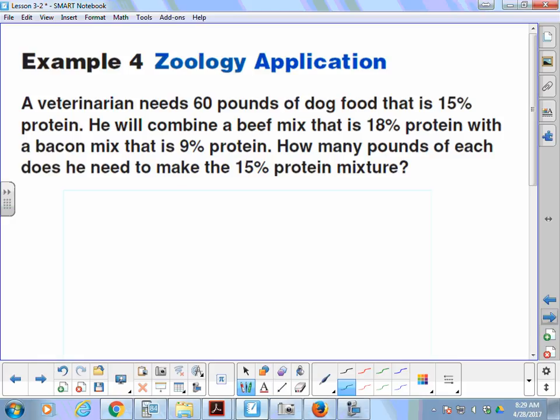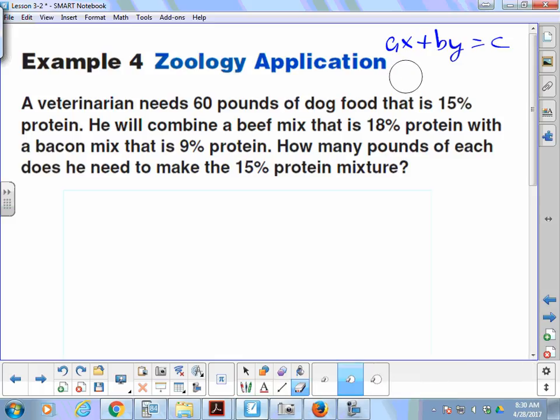So the first thing we need to do is, unlike the one yesterday, where it was going to be y equals for both of them, in this case we're going to have ax plus by equals c, and not c, I can't use that, something like ex plus fy equals g.